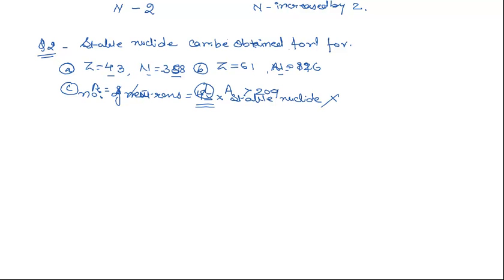Whereas in this case, if I am making Z is equal to 61 and A is equal to 126, then 126 minus 61 will give you 65. Are these the magic numbers of neutrons and protons? No. So we cannot get the stable nuclide from either of them. Right? So in order to find out the stability, what you need to find out is the number of neutrons and protons.